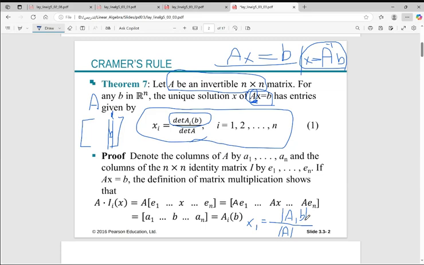So this is x1. In a similar way, x2 equals determinant of A2B over determinant of A. What is A2B?